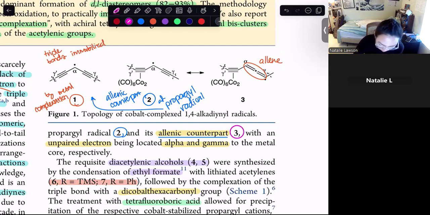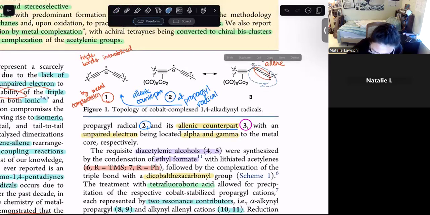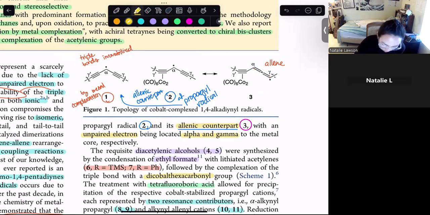Actually, I'm just gonna make that a highlight instead. And then we're talking about the alpha and gamma position.